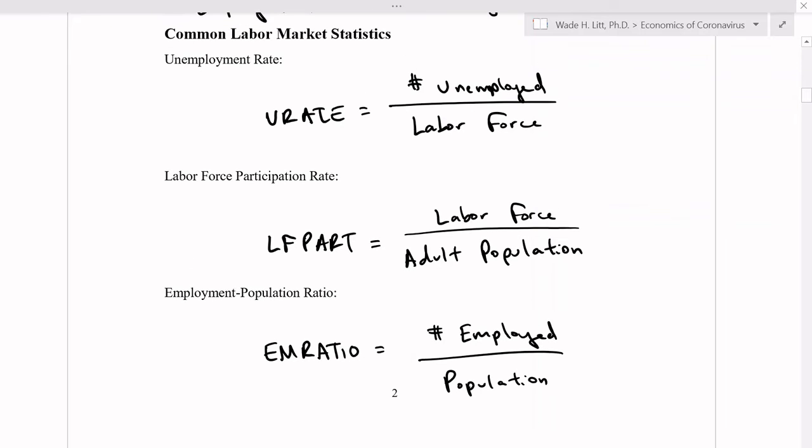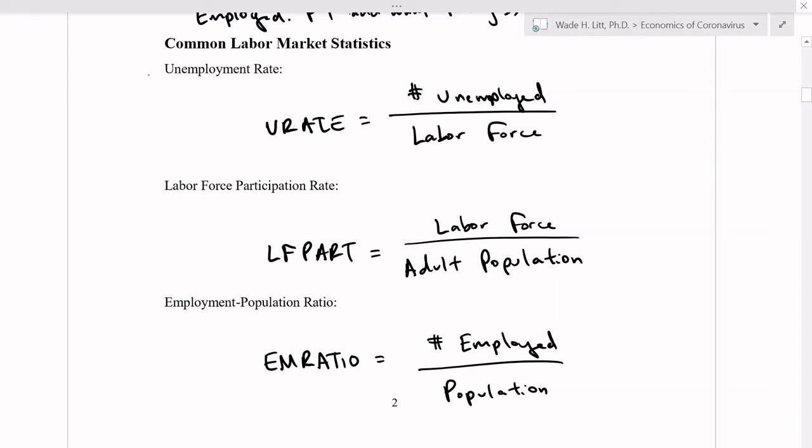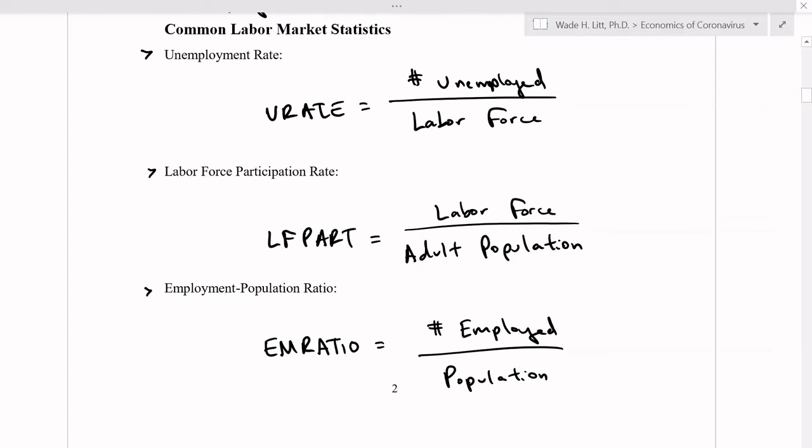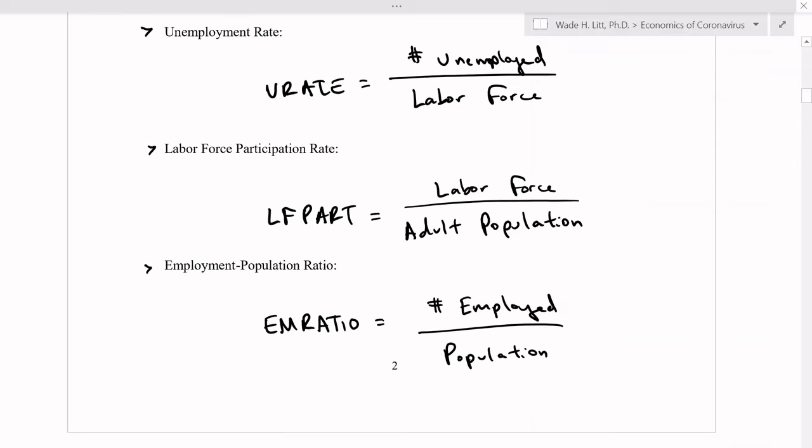Okay, and so the unemployment rate is the primary labor market statistic that people talk about in the news. But these other two measurements are also very important and probably don't get as much coverage as they should. And so we can look at the previous recession and our recovery since then to get an idea about how these different labor market statistics vary based on how you're calculating it.